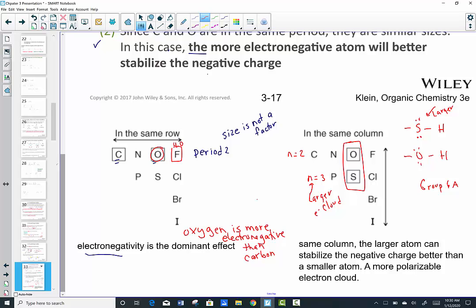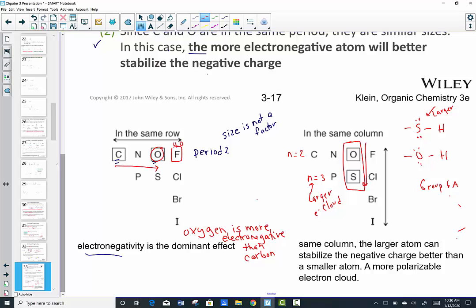So in the same row, the more electronegative element will be able to stabilize the negative charge better. In the same group, the same column, you want to pick the larger atom to help stabilize the electron charge.